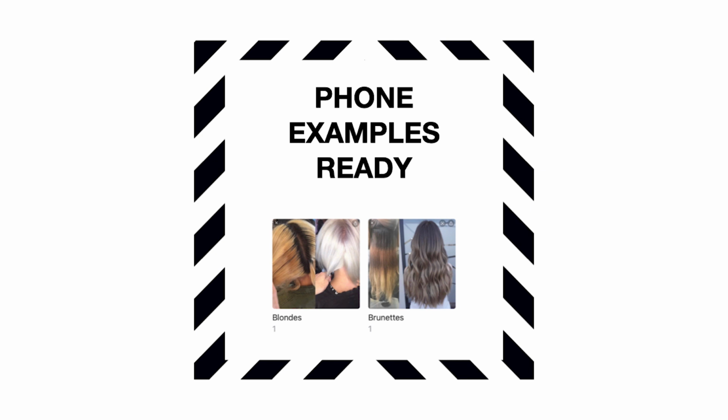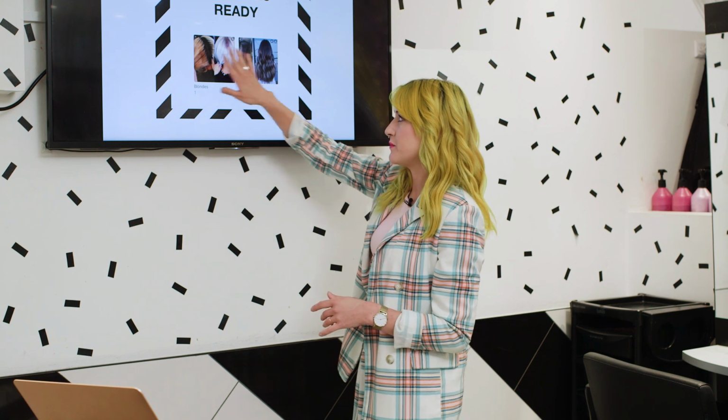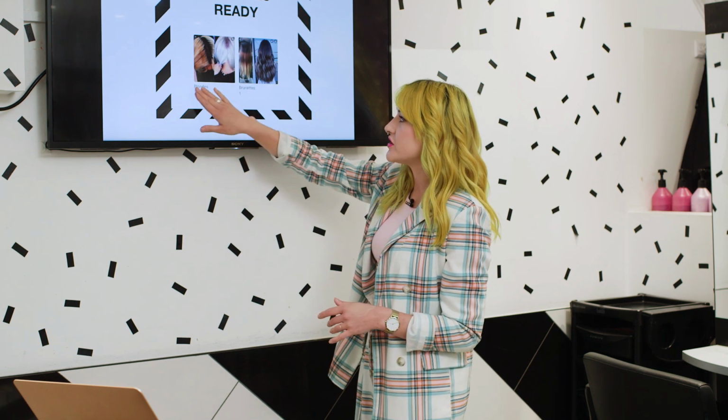And possibly something like this isn't the case. These aren't necessarily the best pictures, I admit, but you just need to be making folders in your phone so that you're not stood there scrolling through looking for an example of what you're going to say. Have them all ready.